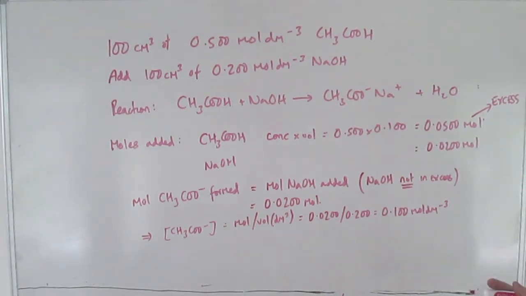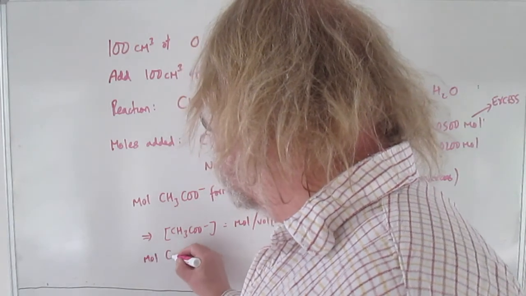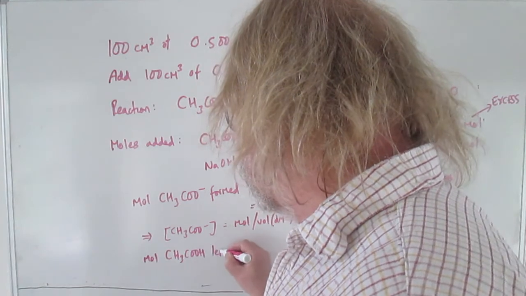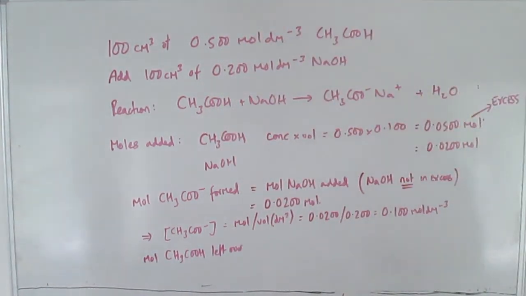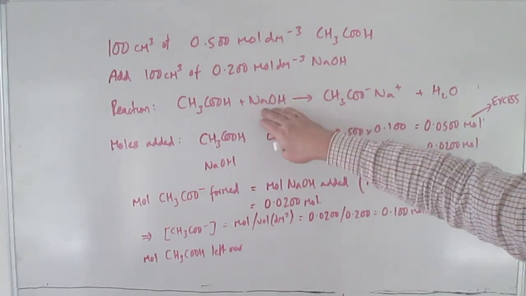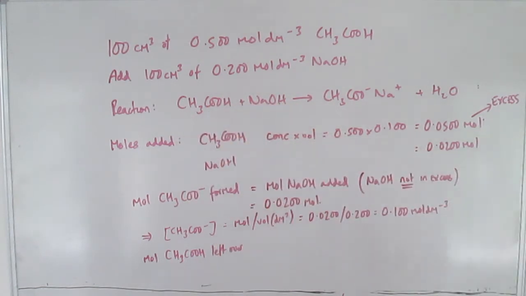What about the ethanoic acid? For that, we have to work out the moles of ethanoic acid left over after the reaction. So we had 0.05 moles initially, but 0.02 will have reacted, because again it's a one-to-one reaction. So if 0.02 moles of sodium hydroxide have all reacted, that will have taken away 0.02 moles of ethanoic acid.